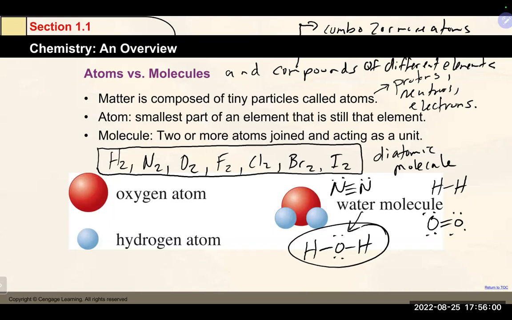Yeah, so this is an example of two things. This is an example of diatomic molecules. And diatomic molecules don't necessarily have to be two of the same element. You could have something like CO, which is two atoms together. But these are also considered elements as well. So they're molecules, but they're also elements because each of them are made up, obviously, of only one element.